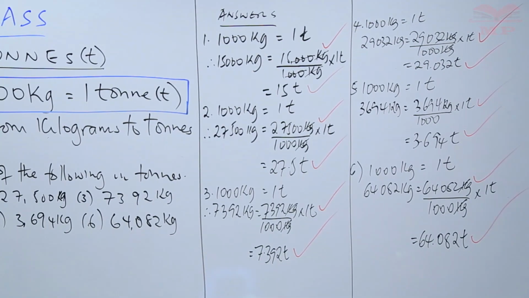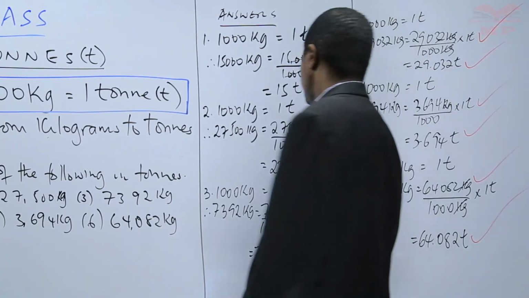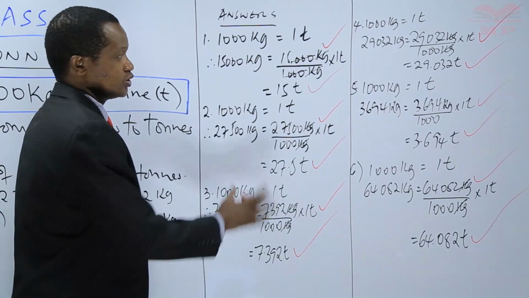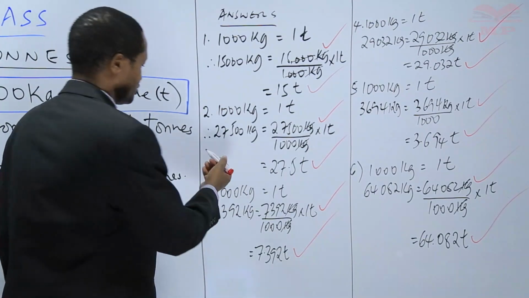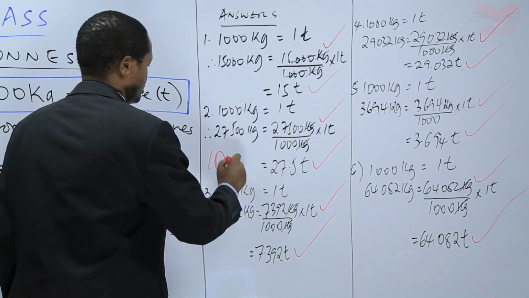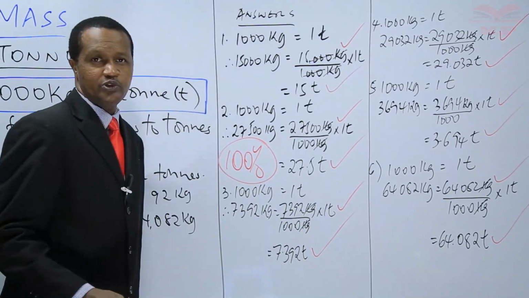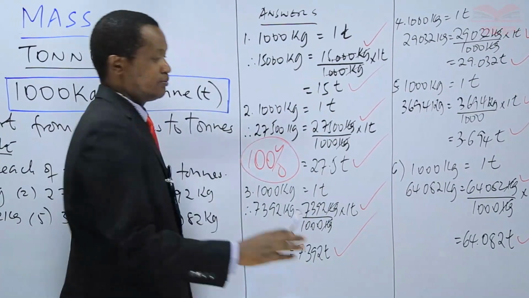This is correct. So this has gotten what percent? If I've gotten everything, what will be the percent? The percent will be 100%. If you get everything, you get 100%.